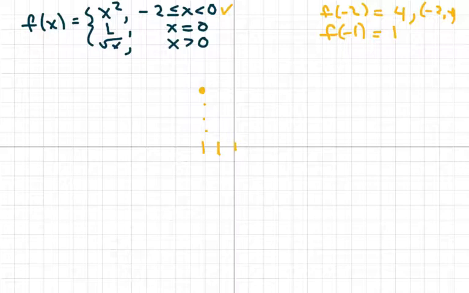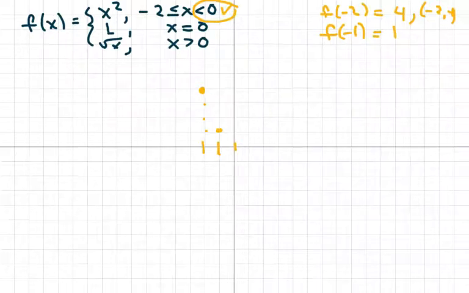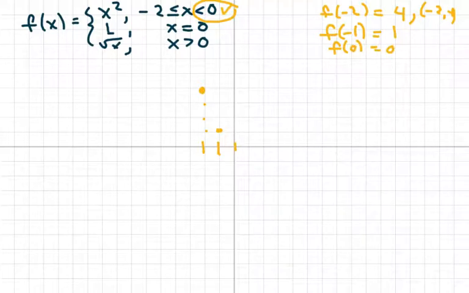So I put my 1 here. And we still have to use the 0 here. Don't stop. You go to 0. So f of 0 would be 0. Now it can't equal 0, so you leave an open circle here. Now it's x squared, and you should know what this looks like. So it's a bit curvy, and there it is, and it stops there.